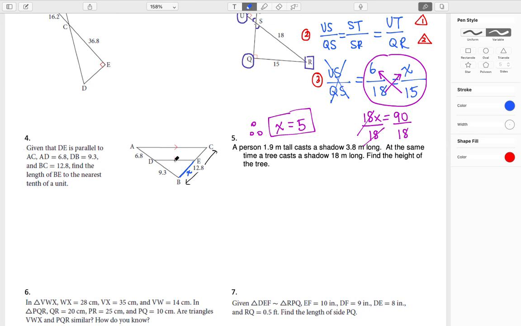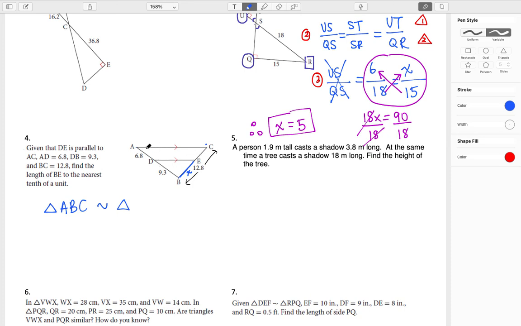I can see that we have two triangles, one big triangle, ABC, and a small triangle, DEB. So I could say triangle ABC is similar to, so angle A must be the same as angle D, right?